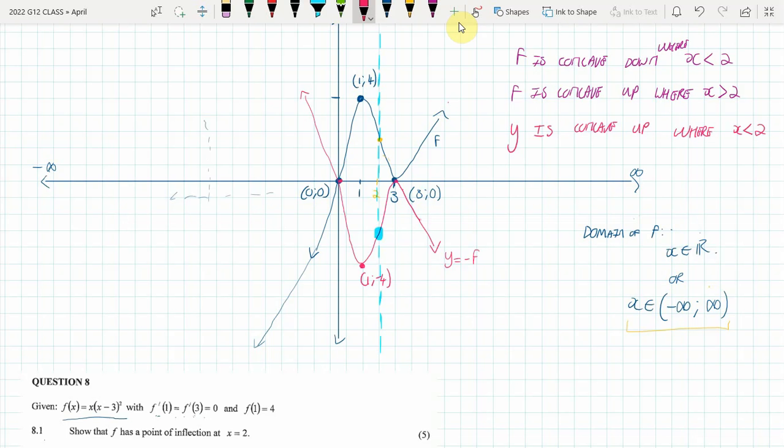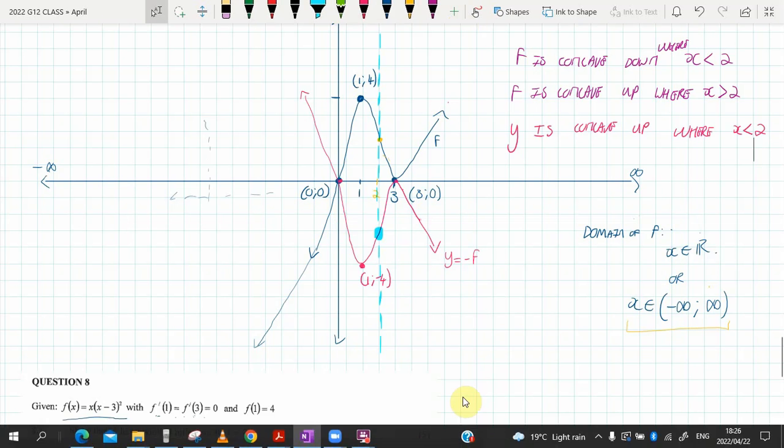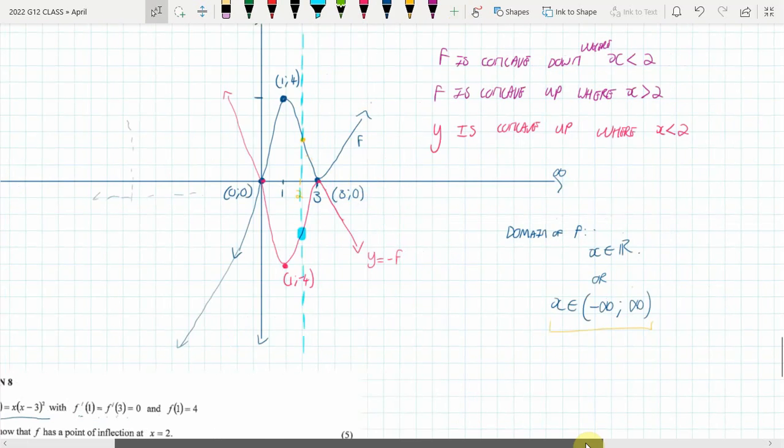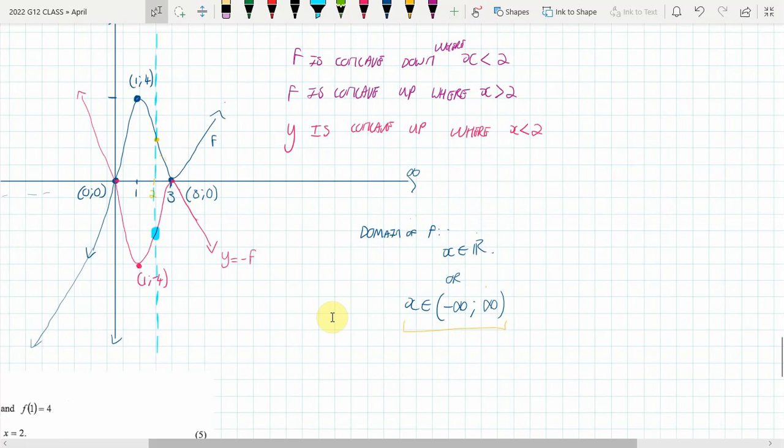By the way, there are different styles of writing. Here we wrote it in inequality notation, but we can write the same statement in interval notation. We could say when x is an element of the numbers from minus infinity up to 2, not including 2.